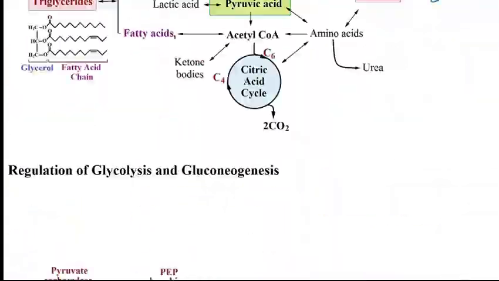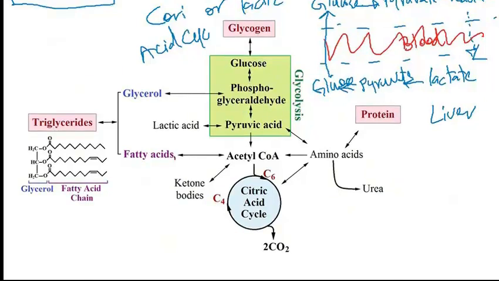So here let me show you what I mean. Acetyl coenzyme A can be converted back to fatty acids. What it was saying is that acetyl coenzyme A can be a product of the fatty acids, pyruvic acid from glycolysis, or the amino acids.